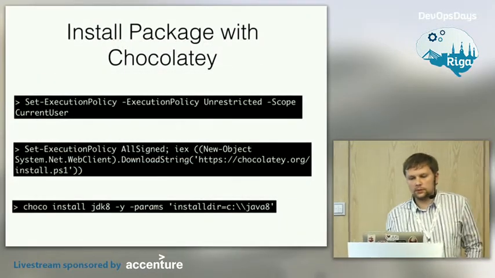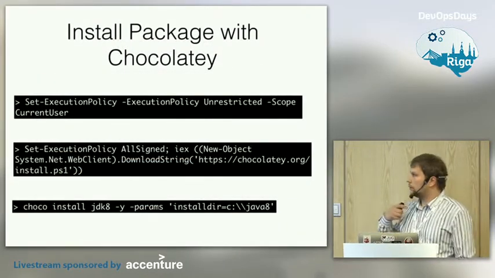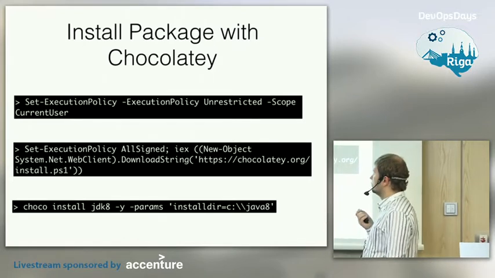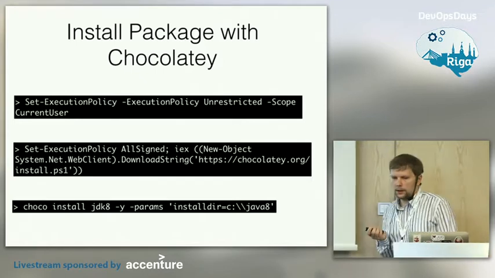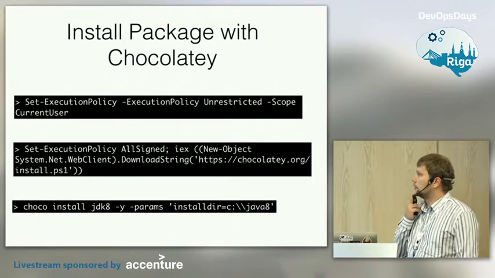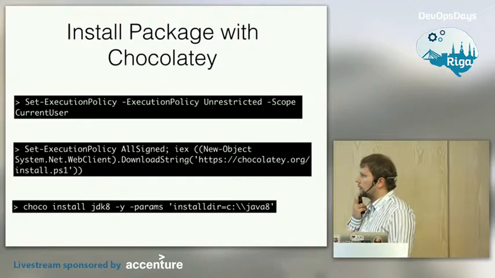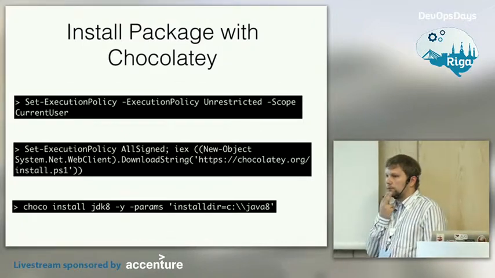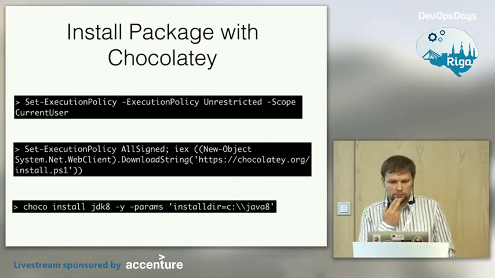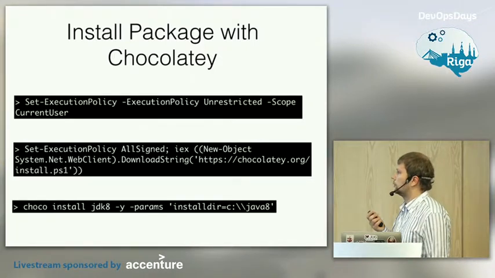So in order to install Chocolatey, the first thing to do is you have to enable scripting on your machine, because it turns out that by default PowerShell scripting is not allowed for security reasons for users. So you have to enable it first.